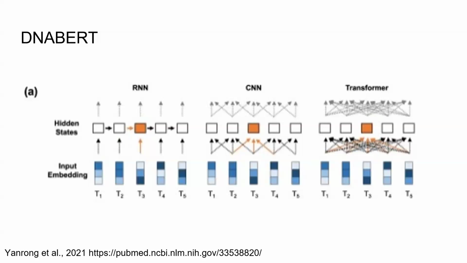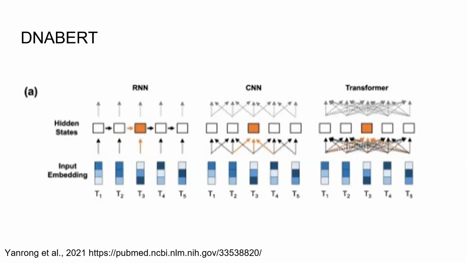And it's kind of like this telephone game. So by the time you get to the end of a very long stretch of DNA, there's very little information from the beginning of the sequence there. It's just really hard to preserve that because it's being bottlenecked at each step.